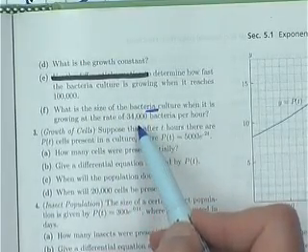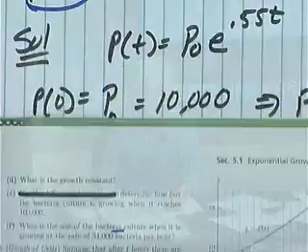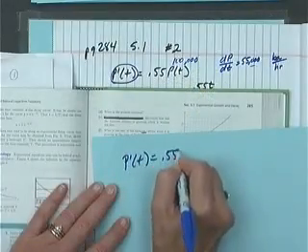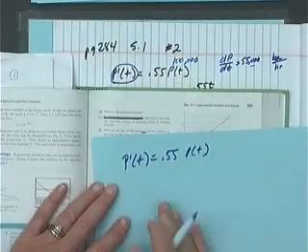We're given a derivative. Which formula am I going to use here? The P of t formula or the derivative? Obviously the derivative, since you were given that information, right? All right, so let's write it out again. We have the derivative equals 0.55 P of t.